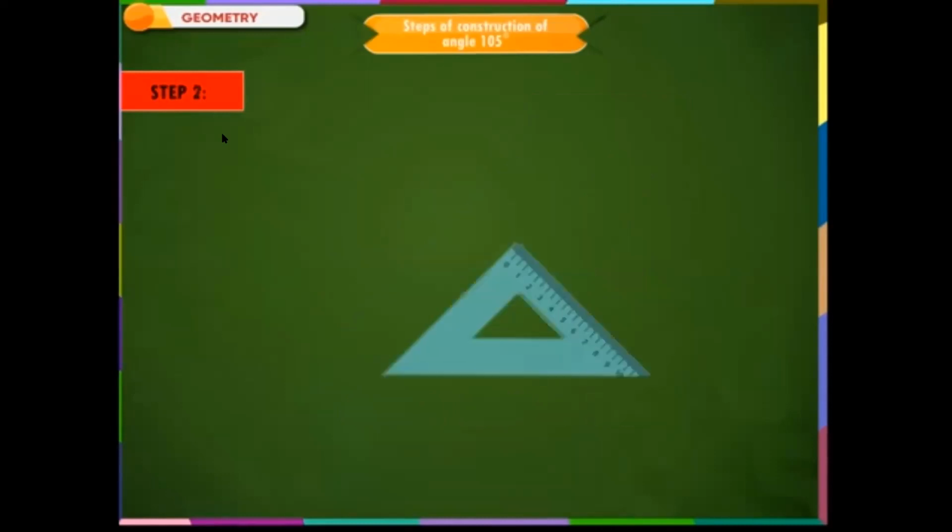There are two angles of 45 degree in a 45 degree set square. So, it can be placed in two different ways. Step 3. After placing the set square, draw a ray BC starting from the vertex B, measuring 45 degree as shown on the screen.